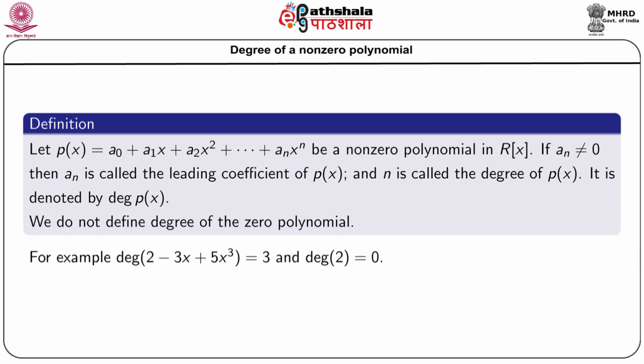Thus, the degree of this polynomial becomes 3, and similarly the degree of this polynomial is 0, since the only non-zero term here is 2, which is nothing but a_0. So, 0 becomes the degree of this polynomial 2.